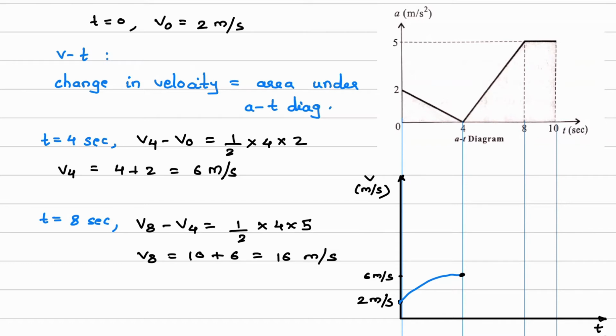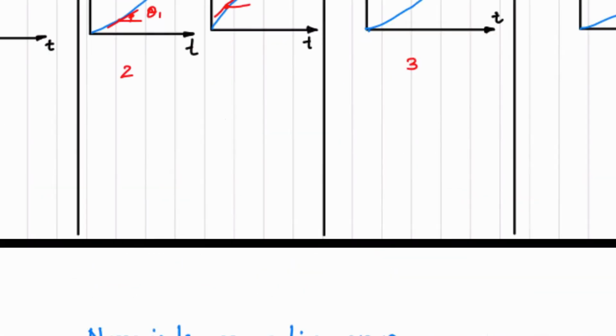So next point, it will be 16 meter per second. So suppose this is the point 16 meter per second somewhere over here, and now we'll see the nature of the curve. Okay, now acceleration, it is increasing, so acceleration is equal to dv by dt. Acceleration is increasing, so slope should increase, and this is positive, so it should increase in positive way. So slope is increasing in positive way. Which curve we have to see?